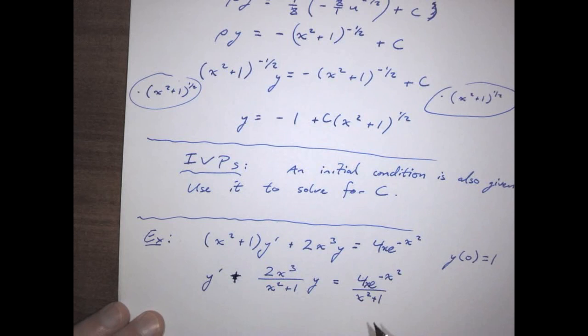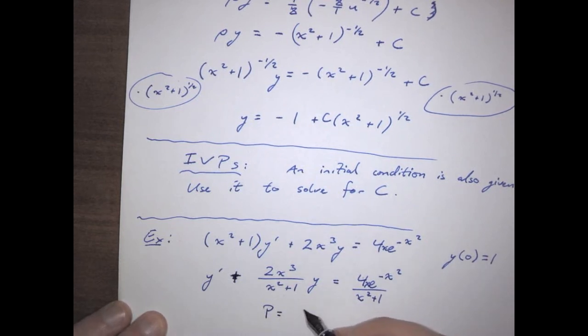Okay, so now let's take a look at this and see what we can do. So here, the p that we need in order to find the integrating factor is going to be 2x cubed over x squared plus 1.